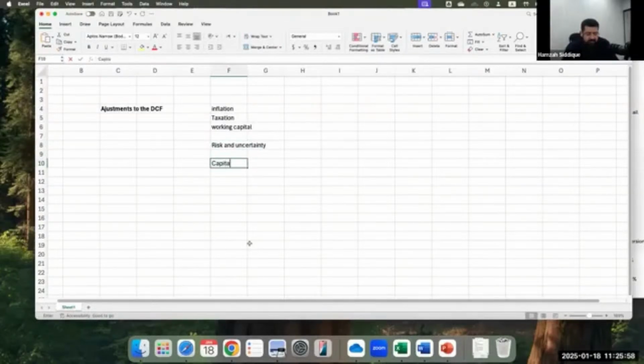Then is capital rationing. So these are the topics we will be doing one by one. So let us proceed further.